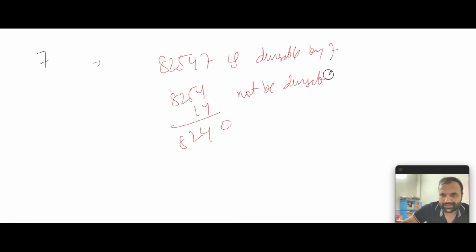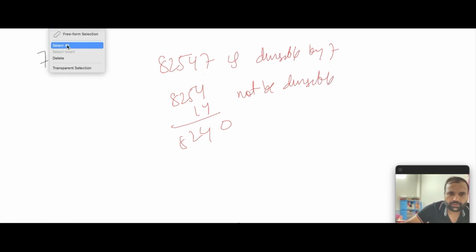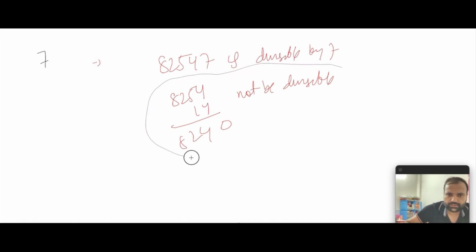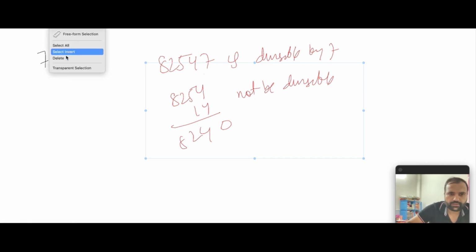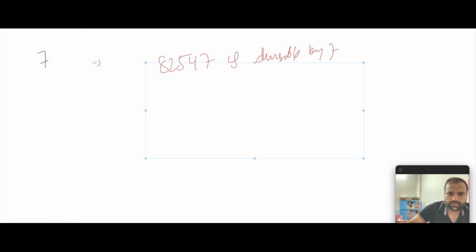Okay, I'll explain it again. Give me one second. What we do when we are checking for 7 is just check the last digit, multiply it by 2, and subtract it from the remaining number.